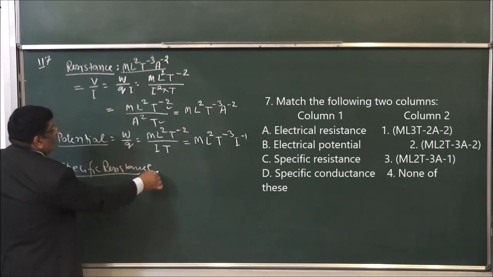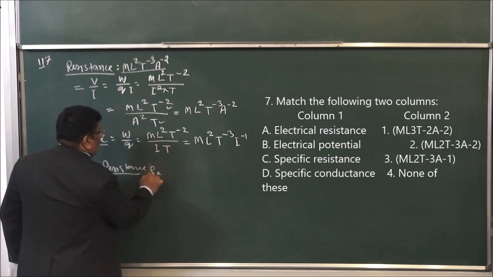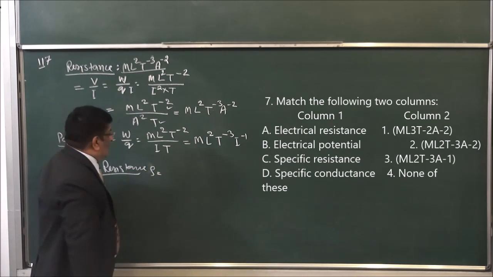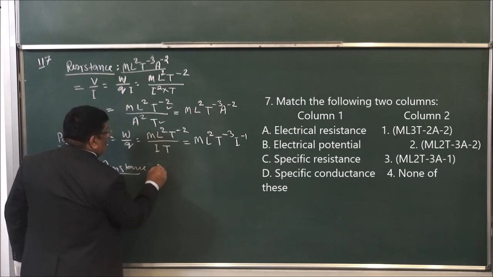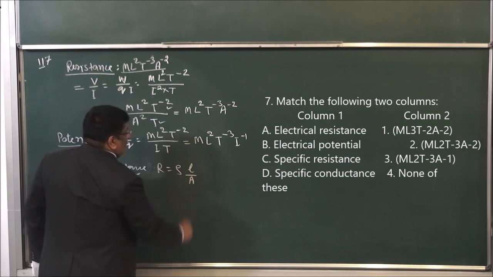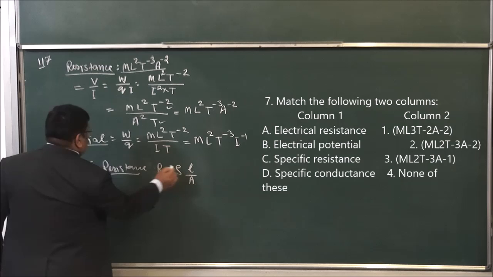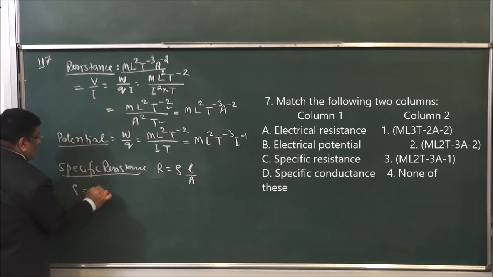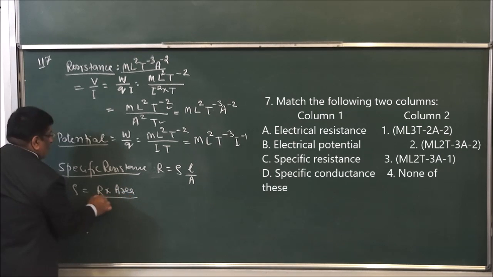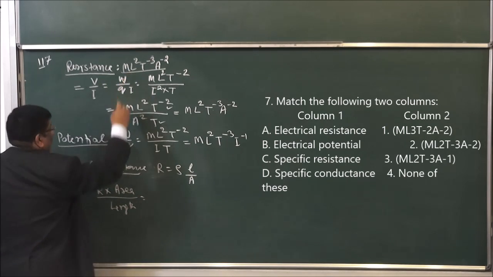Specific resistance, do you remember? Yes, we know that specific resistance rho and R have a relation, that is resistance R is equal to rho into L upon A. This is the formula, okay? So rho is equal to R into area upon length. The dimensions of R, we have already done here.